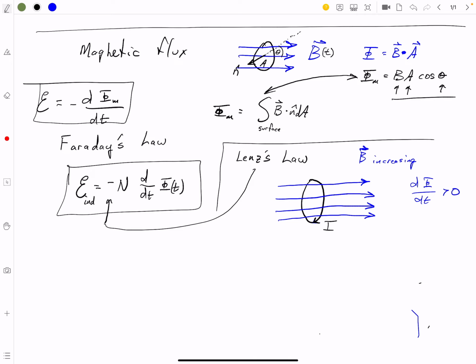It wants to oppose it. So which direction is that going to go? In order for it to fight it, you put your thumb along the I. Let's see, if we put my thumb along the I, that is the wrong direction. Okay.